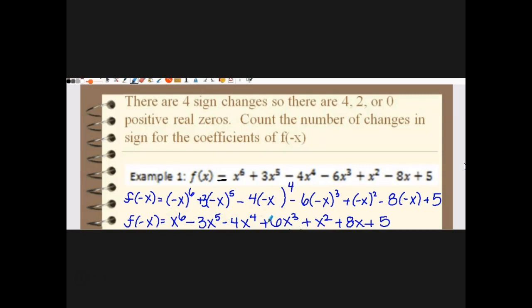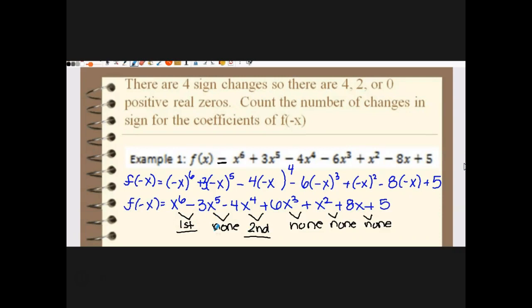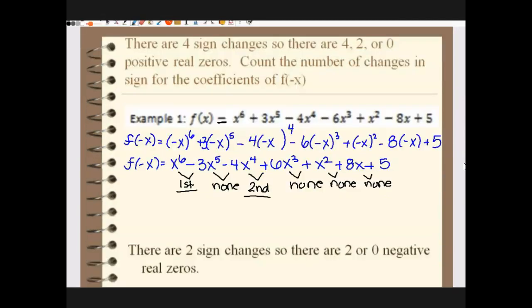Another sign change here, none, none, none. So in all, there are 2 sign changes, which means I could have 2 or 0. And now this time, we're talking about the negative real zeros.